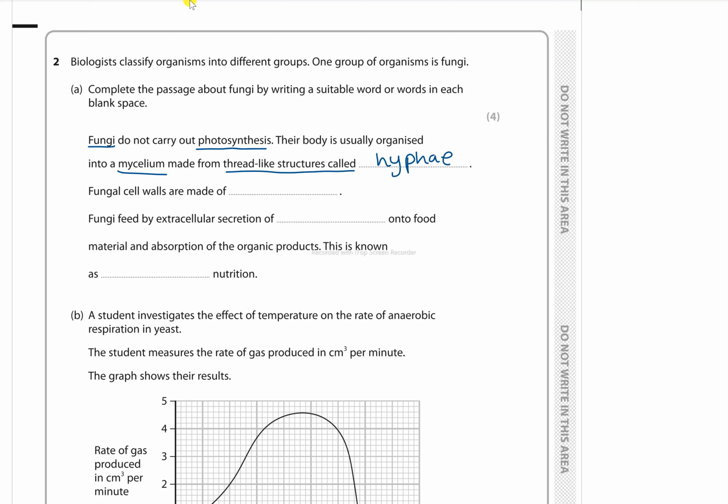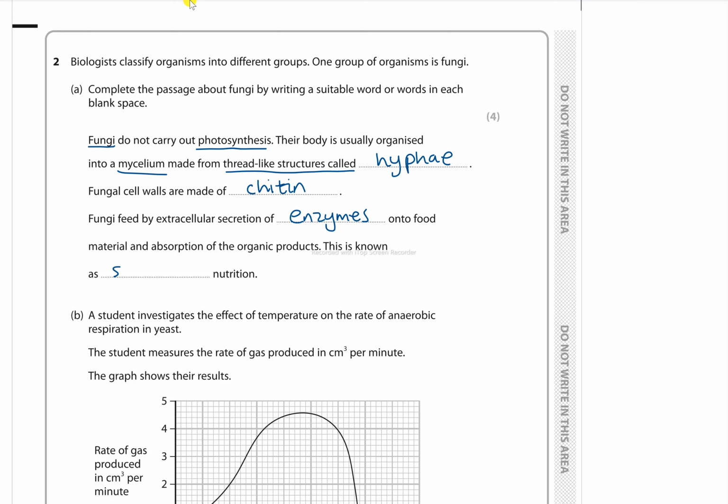You're going to have to read up on this, and I've not got the book in front of me, so I can't give you the page number. Fungal cell walls are made of chitin. Fungi feed by extracellular secretion of enzymes onto food material and absorption of the organic product.